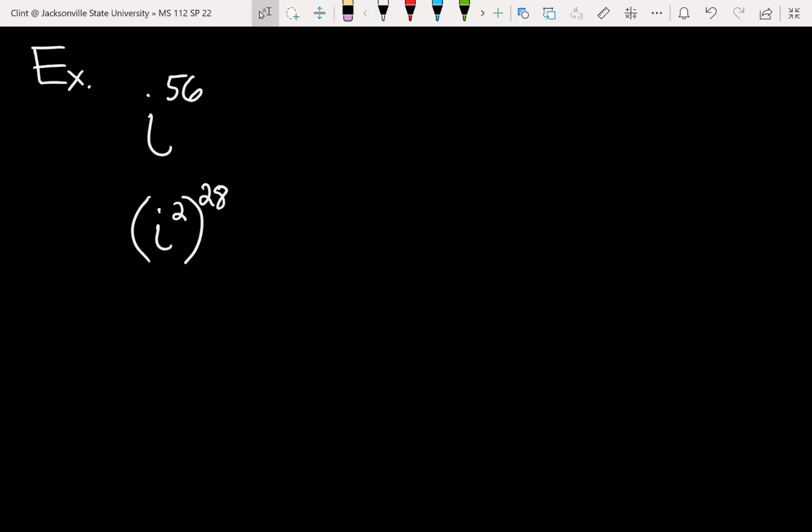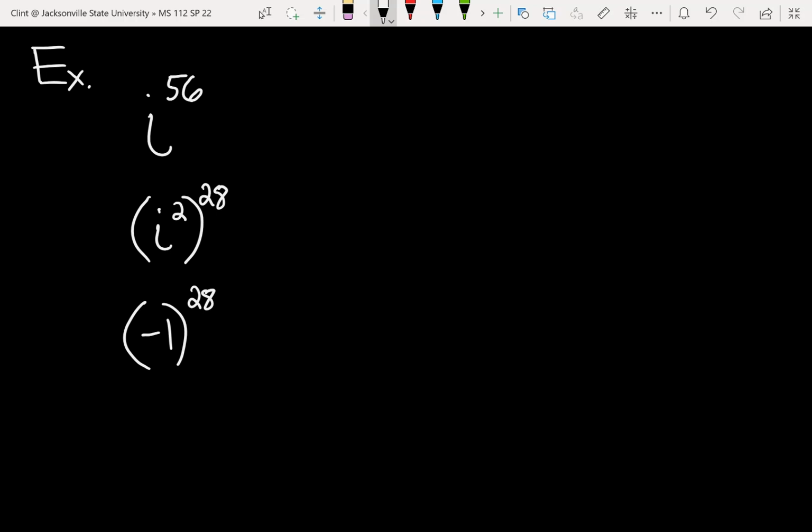But I know what i squared is. i squared is negative 1. That's negative 1 to the 28th power. And that's something we can figure out without a calculator. Because how does that work out? It might not be something you thought about, but negative 1 times negative 1 will give us positive 1. And that happens when we have two of them. If we did negative 1 times negative 1 times negative 1, the first two would give us a positive.